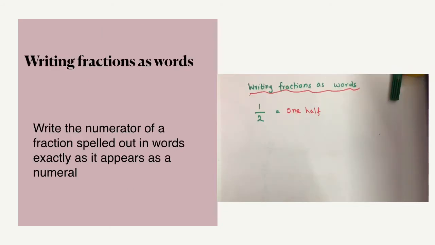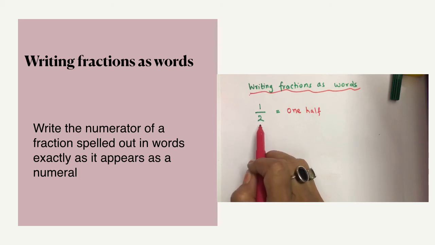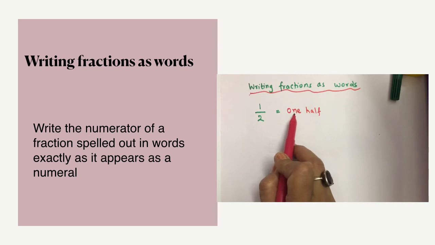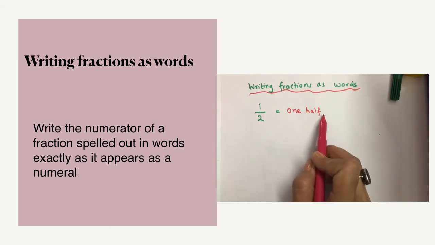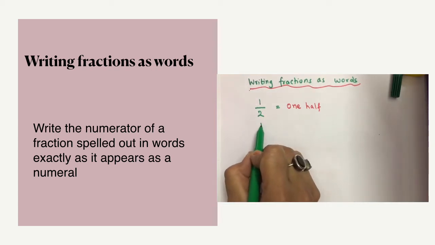Let us learn writing fractions as words. So here we have 1 upon 2, that is half. So how do we write this? We write 1 half. Let's take another example. 1 upon 3.